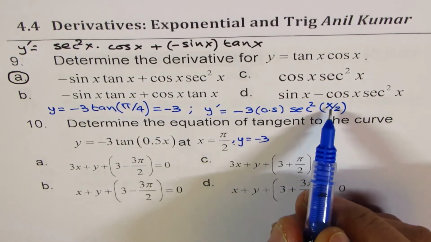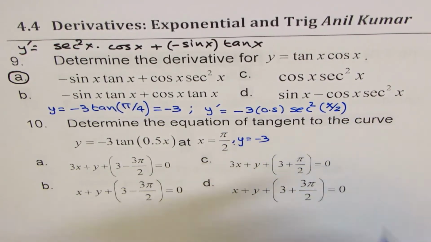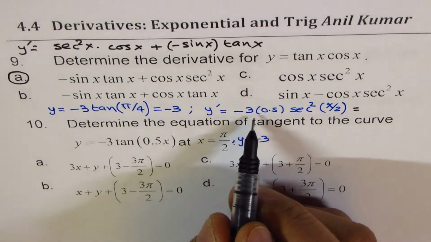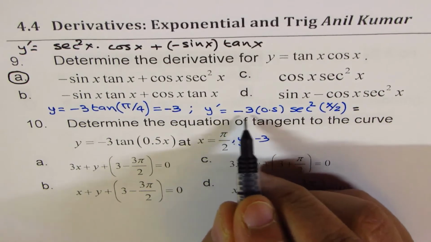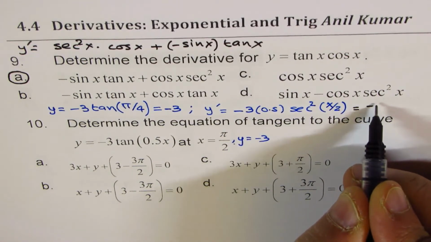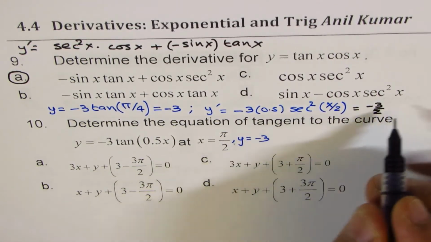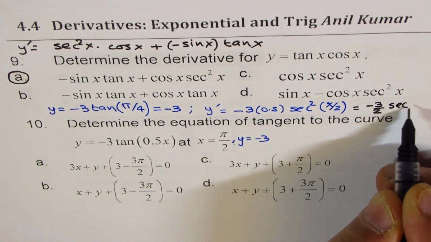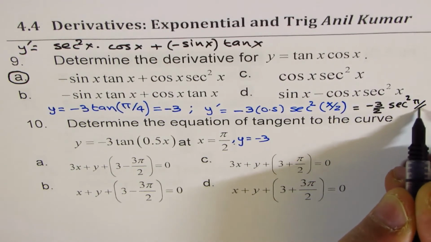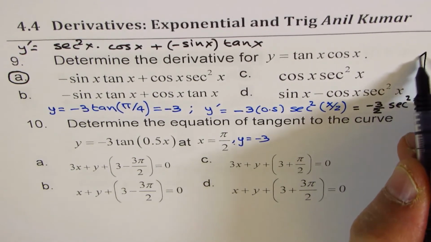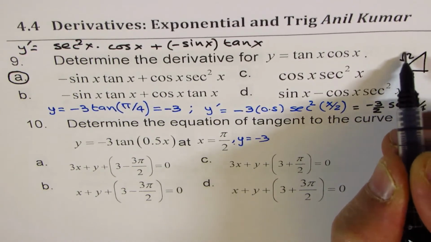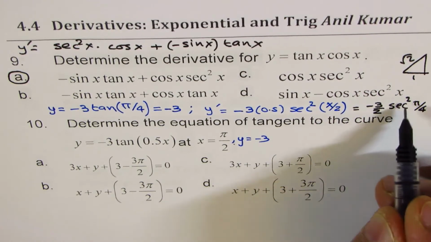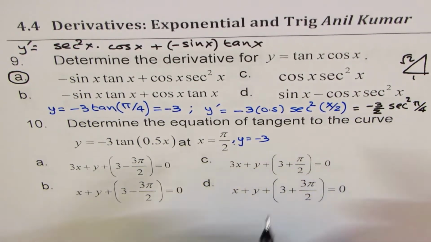At pi by 2, if I substitute pi by 2, I get minus 3 by 2 times secant square, and pi by 2 becomes pi by 4. Let me write secant square pi by 4. So if you look into this triangle, pi by 4, 1, 1, square root 2, secant square is 2, right? So we get 2 here. So with that, we get our result as minus 3.